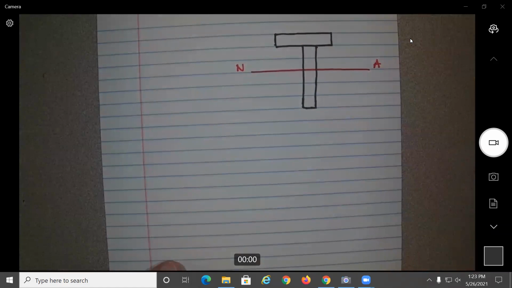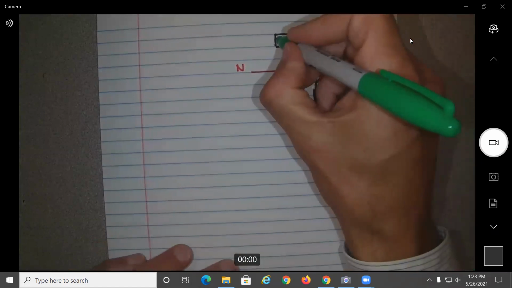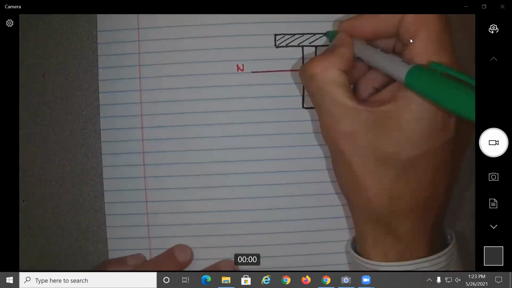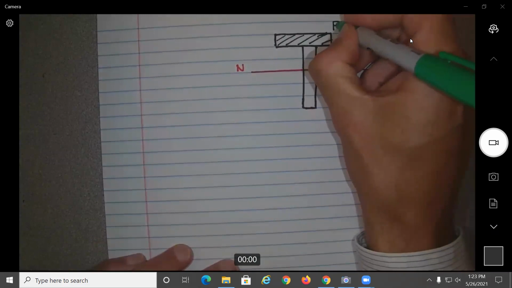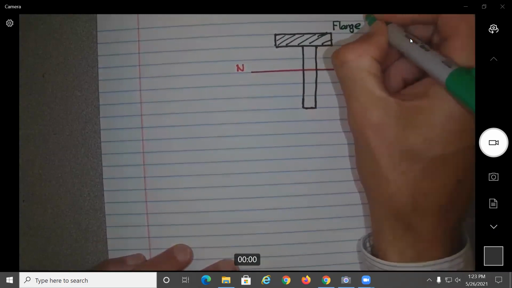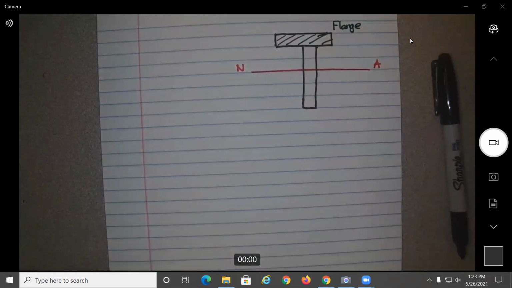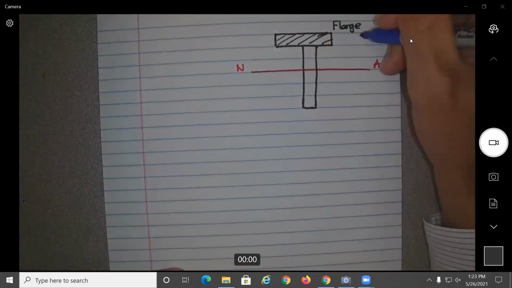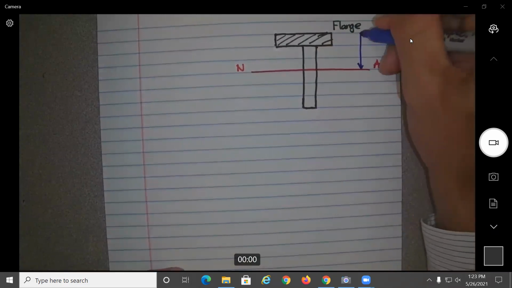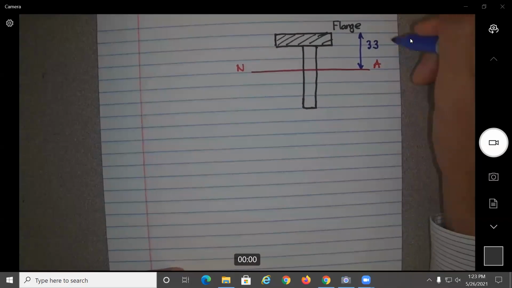And what we're trying to calculate is the moment of the flange. So this is the flange. All right, and if you remember, that distance over here is 3.3 inches.